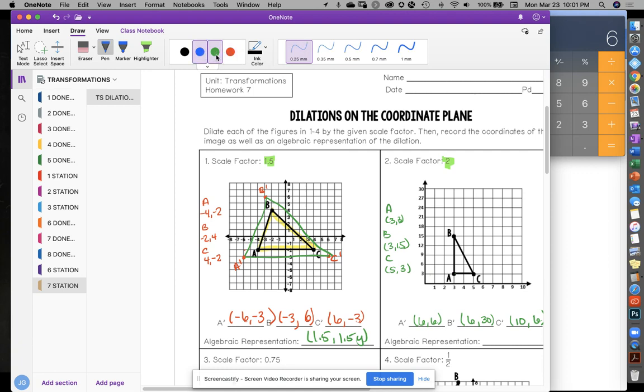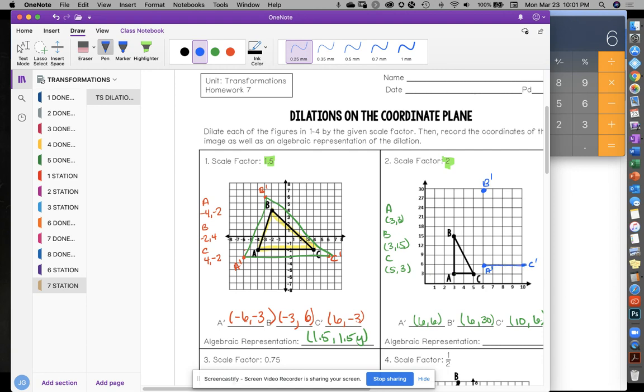All right, let's plot those. So my A prime is going to be over 6, up 6. Right there. There's my A prime. My B is over 6, up 30. And my C prime is over 10, up 6.